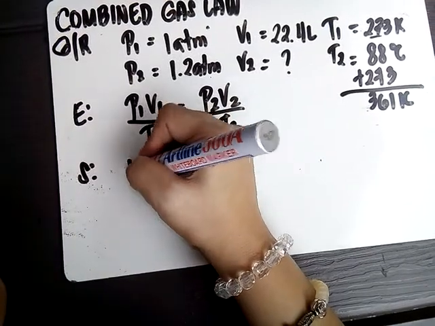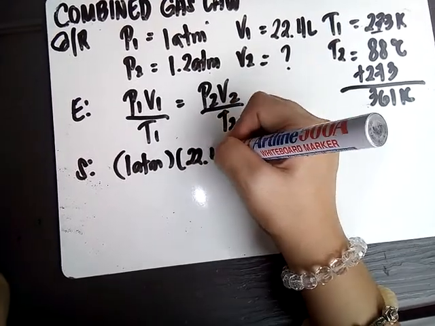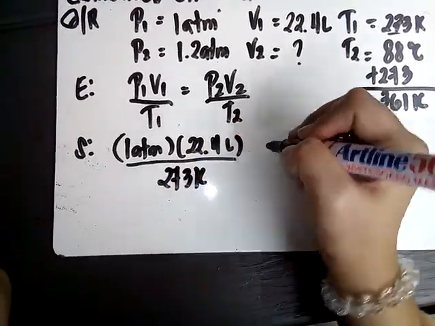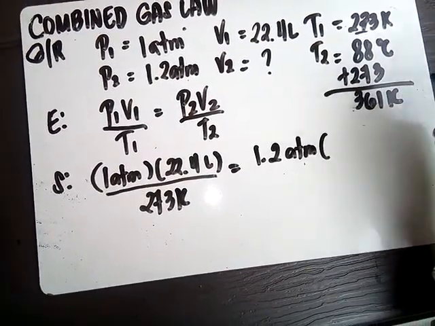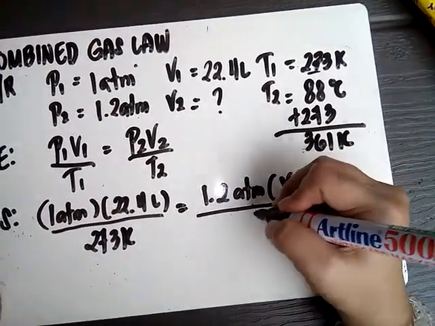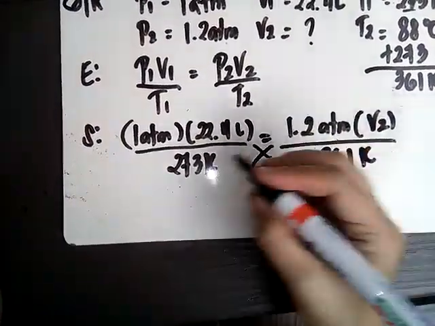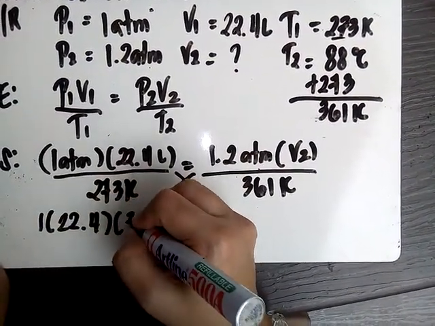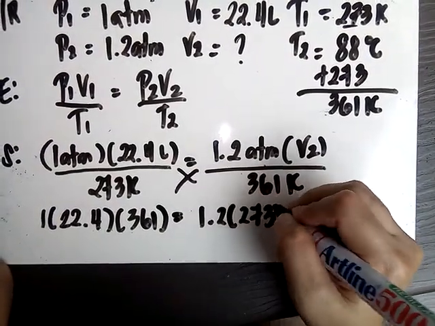P1 is 1 atm, V1 is 22.4, our T1 is 273, equals P2 is 1.2 atm, V2 is unknown, and our T2 is 361. By cross multiplying, we have 1 times 22.4 times 361 equals 1.2 times 273 times V2.